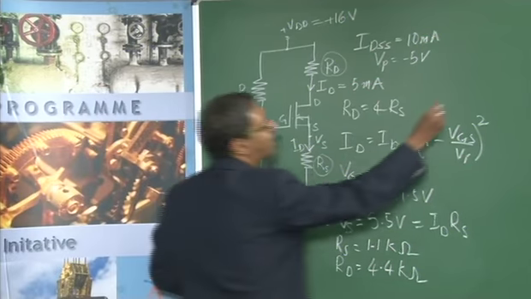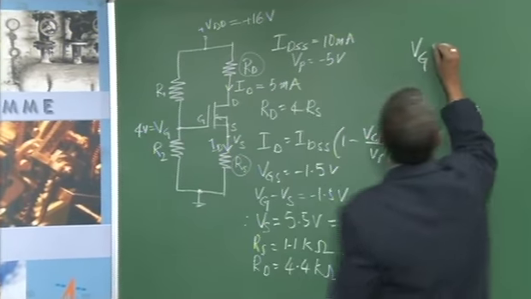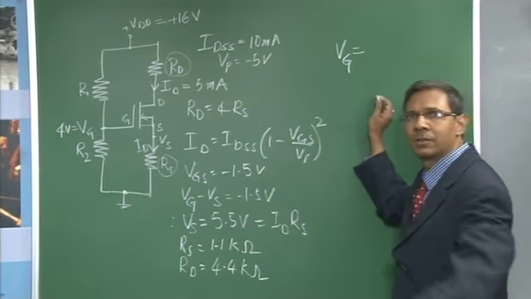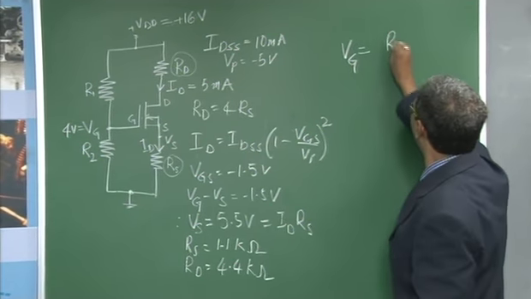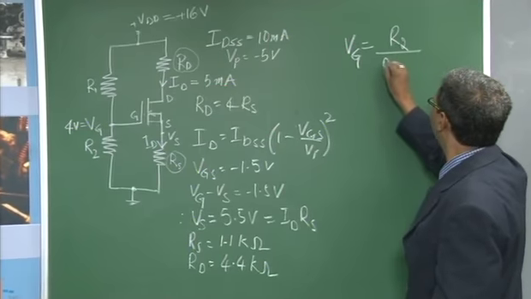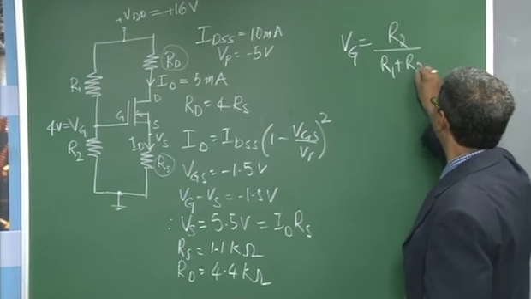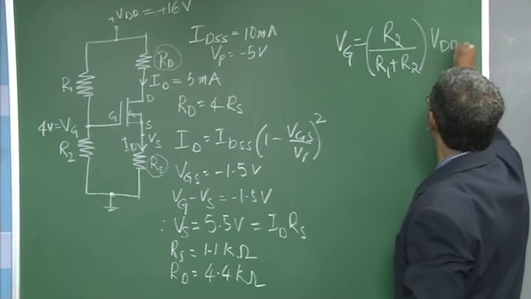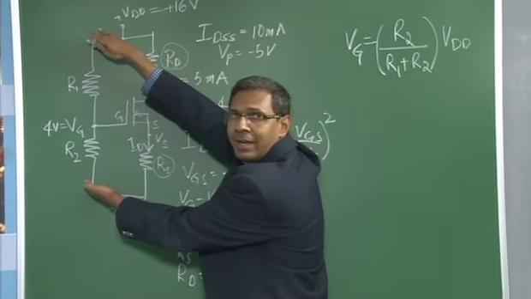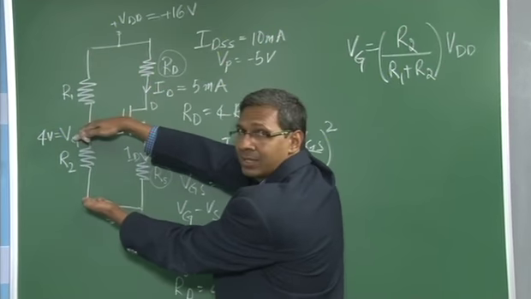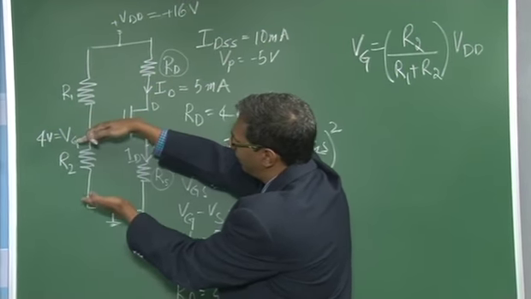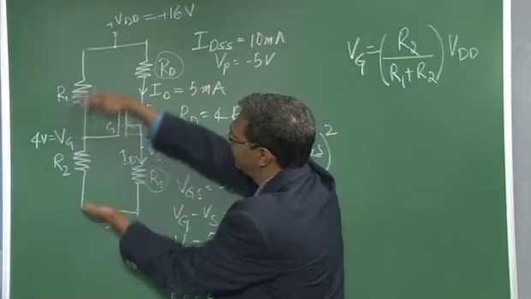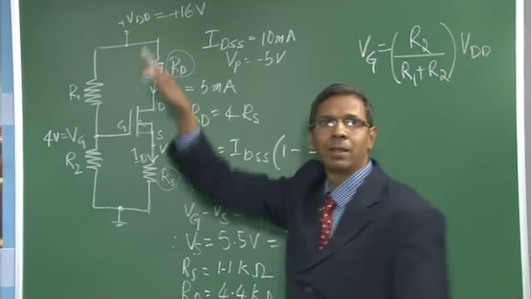So VG is given by the voltage across R2 divided by the sum of the two series resistors R1 plus R2, multiplied by the overall voltage, which is VDD. Here to here it is VDD, here to here it is VG. So VG is nothing but this resistance divided by these two.